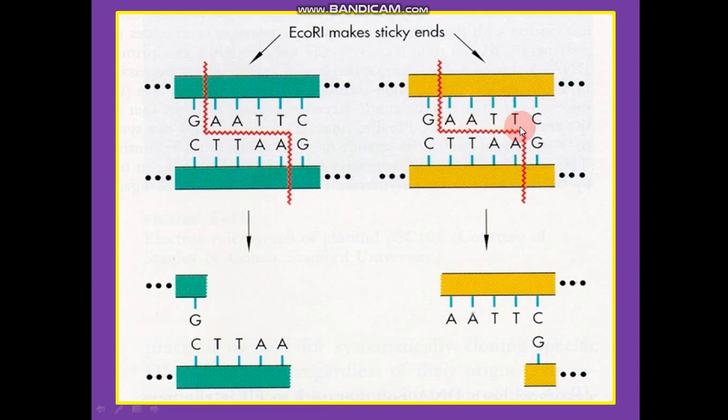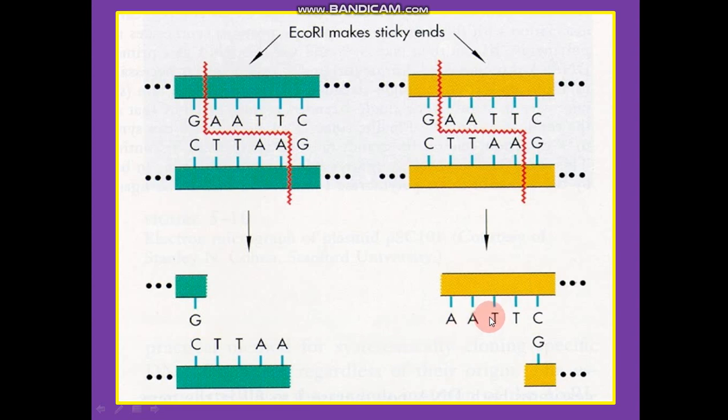So what will happen here, this EcoR1 will produce nicks here in between G and A, and here also in between G and A. In the vector or plasmid DNA also in between G and A. So such kind of staggered sticky end will be produced.